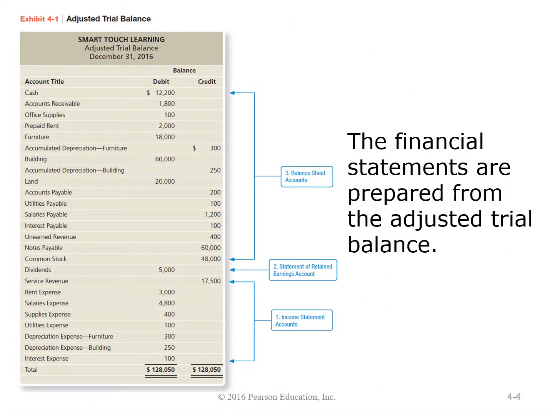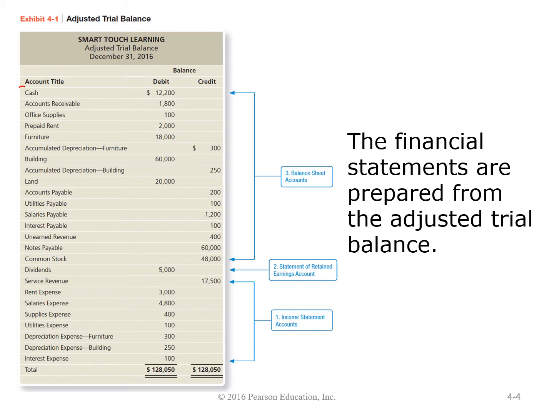This is the main shape, if you remember, of the adjusted trial balance. Actually, after we posted all the transactions into the T accounts and did the adjustments last time in chapter 3, we reached the adjusted trial balance, and we said that we list all the balance sheet accounts first.